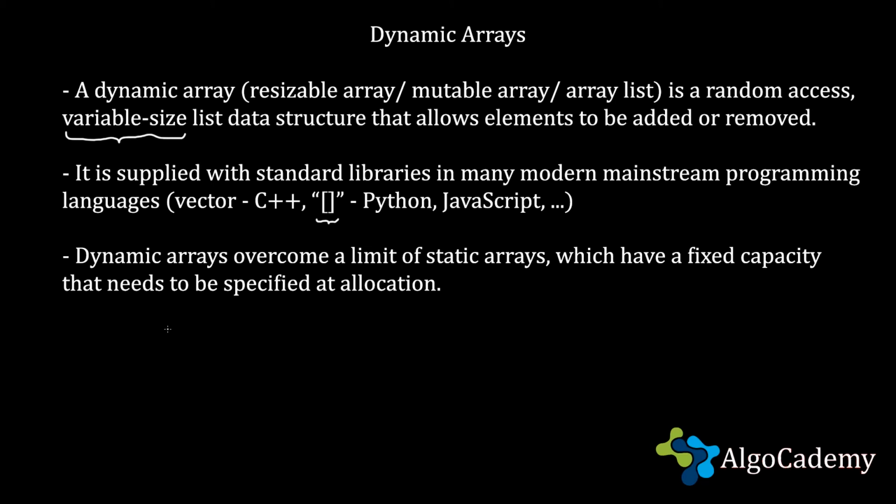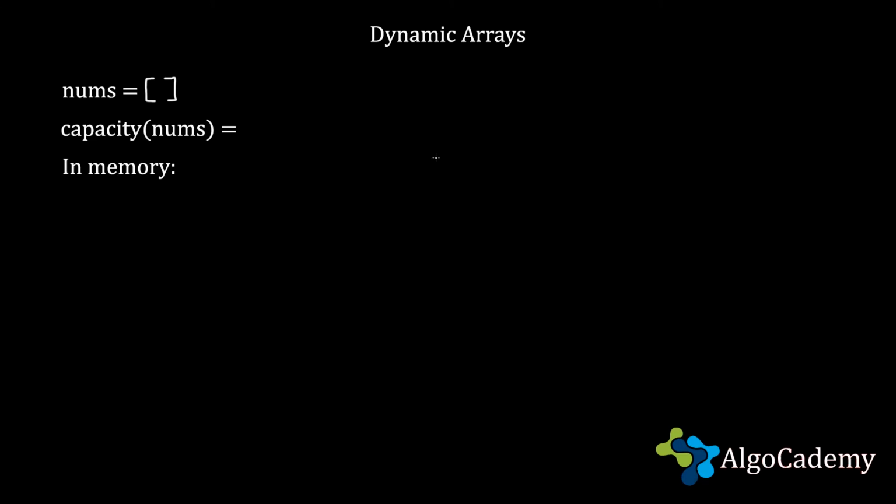Now let's take an example to see how the dynamic array really works. For this example, I am going to use a dynamic array which is named nums and initially is going to be empty, and also let's suppose that I'm just going to insert integers in this array. Awesome. Now, when the computer sees this line of code, it thinks like this.